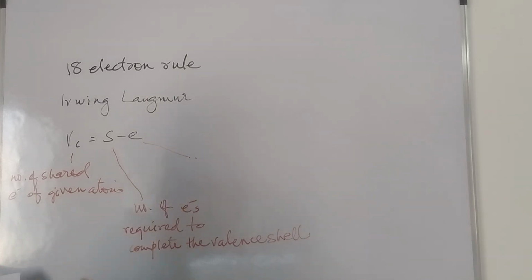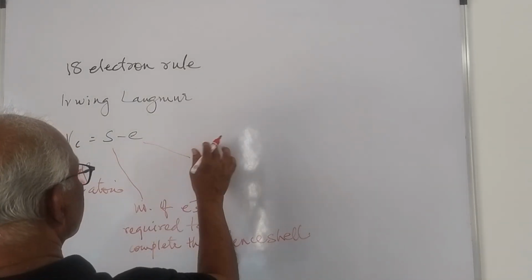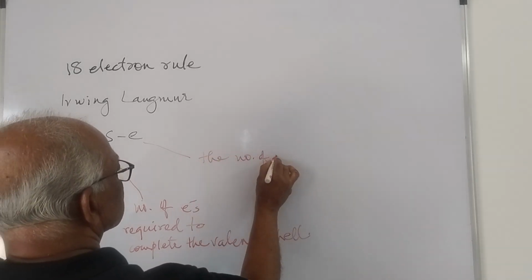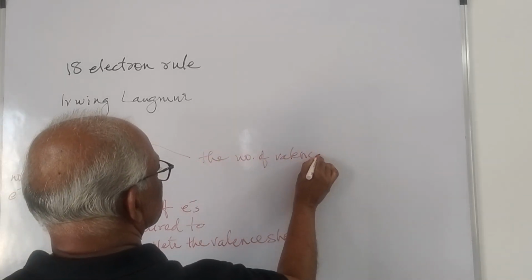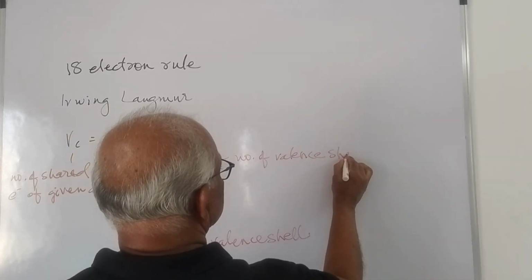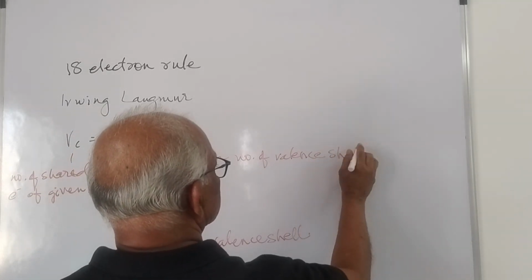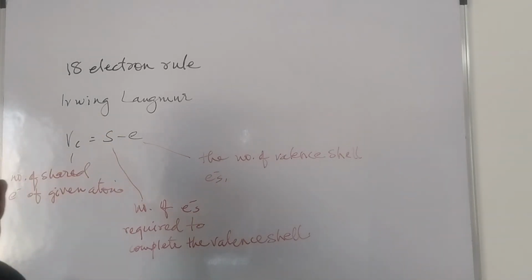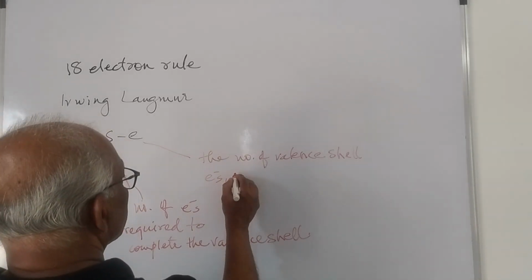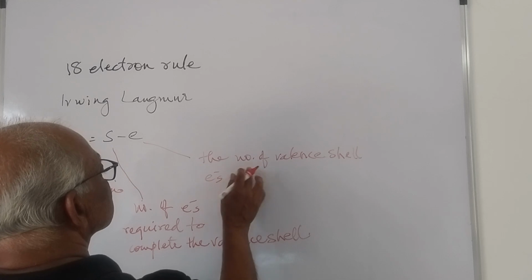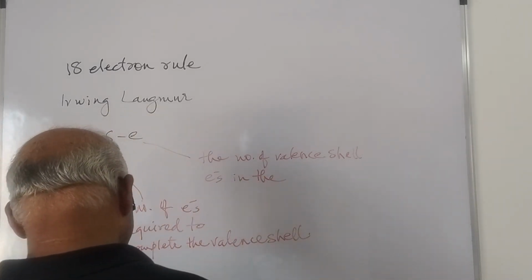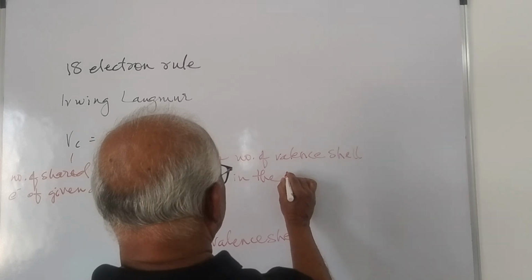And this E is the number of valence electrons in the isolated atom.